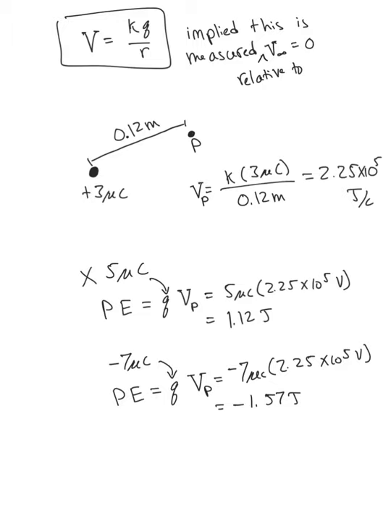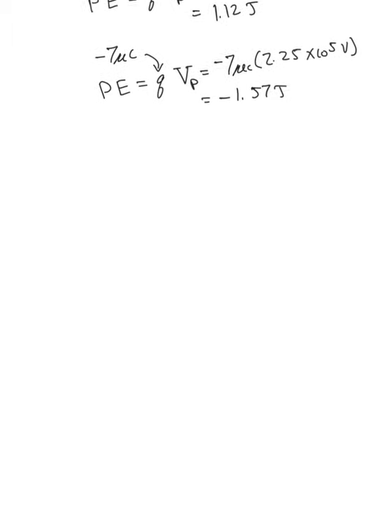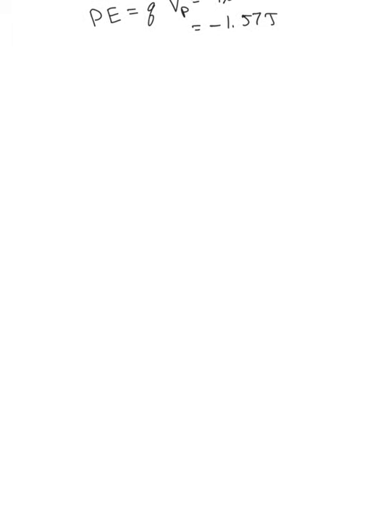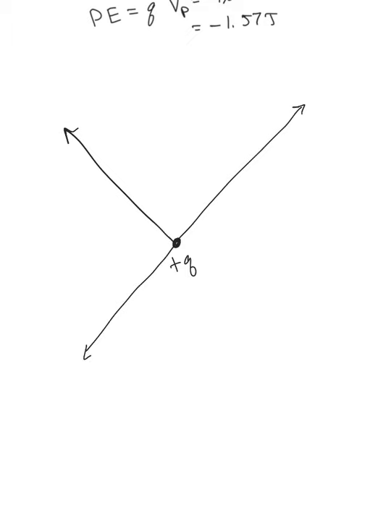So the idea is that you can create what's called equipotential lines. So if I imagine that I have some positive point charge, the electric potential depends only on how far I am from the charge.